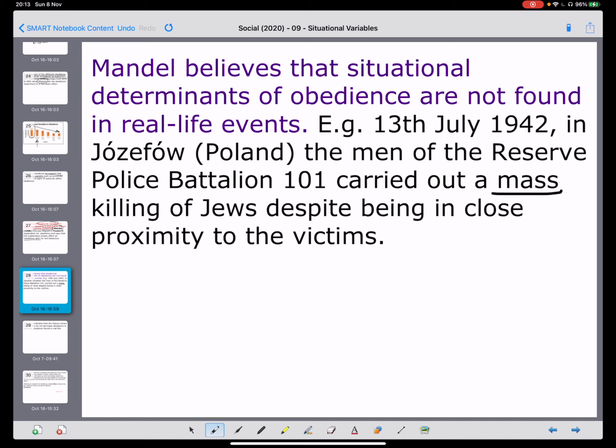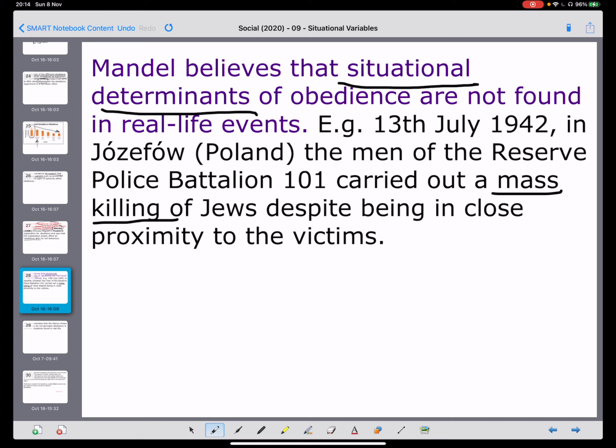So that's the extreme situation here. Now, why is this an example? Mandel said situational determinants should explain the behavior. So, for example, we found that when the proximity was altered, people were less obedient.